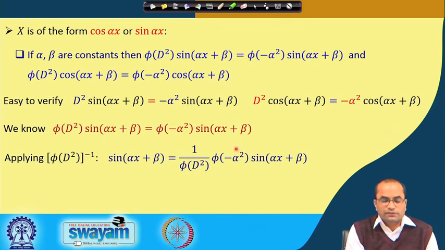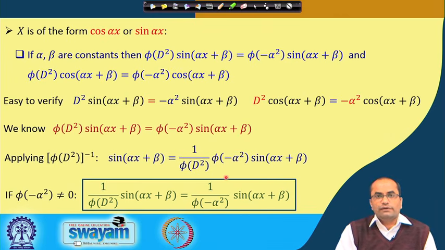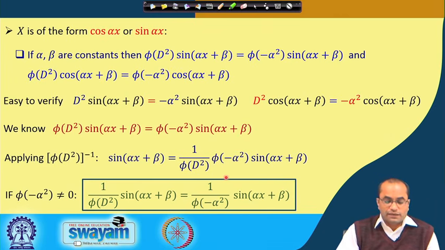If phi of minus alpha square is not equal to 0, it is free from x, so the operator will not do anything on it, and we can bring it to the left hand side. The final result is that 1 over phi d square applied on sin alpha x plus beta gives 1 over phi of minus alpha square times sin alpha x plus beta. This is the result which we can use directly.